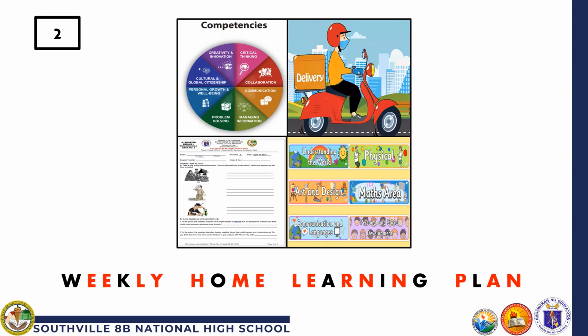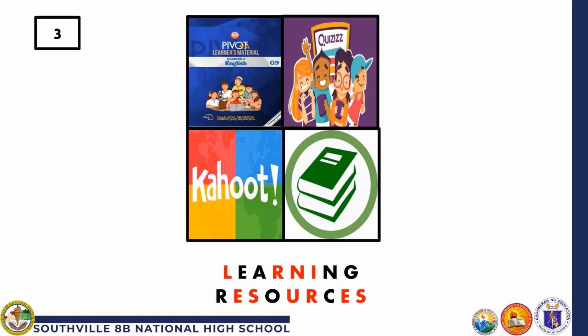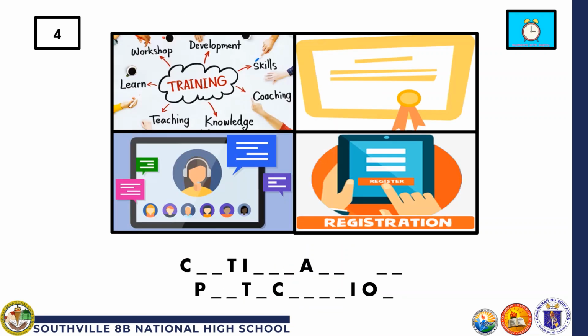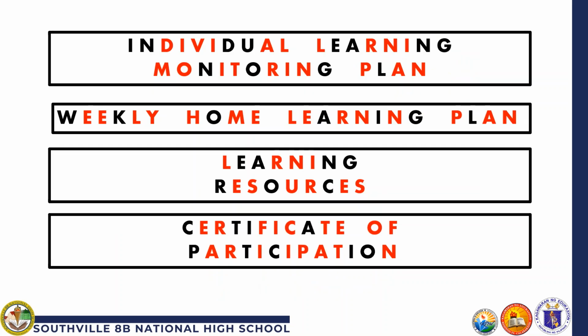It is Weekly Home Learning Plan. Number 3. The answer is Learning Resources. And last but not least, number 4. It is Certificate of Participation. So, Individual Learning Monitoring Plan, Weekly Home Learning Plan, Learning Resources, Certificate of Participation.